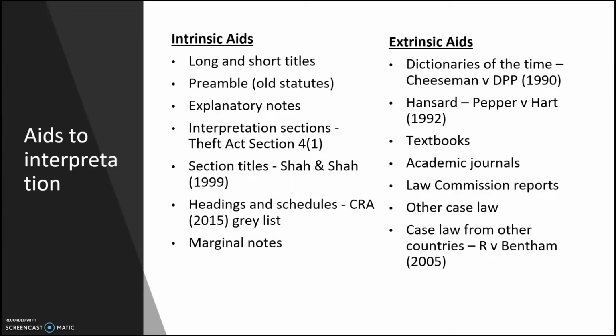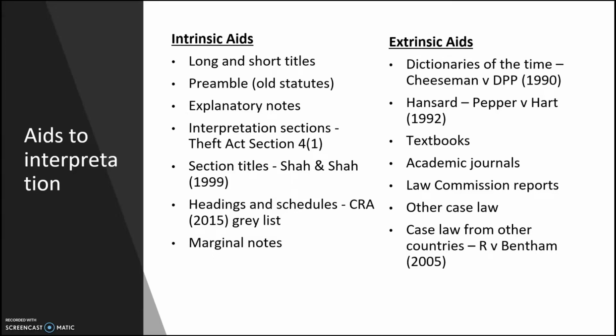Headings and schedules can be quite useful. A good example is the Consumer Rights Act 2015, which has at the end a grey list of potentially unfair terms. Again, that's going to be very useful to a judge. Equally, marginal notes, notes in the margins of statutes, can give indications of what the purpose is or how words are supposed to be interpreted, and they all can be quite helpful.